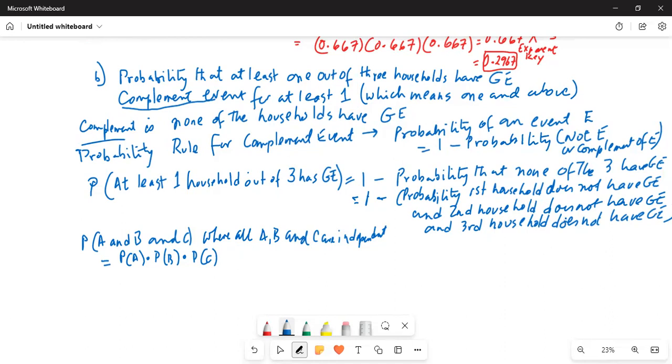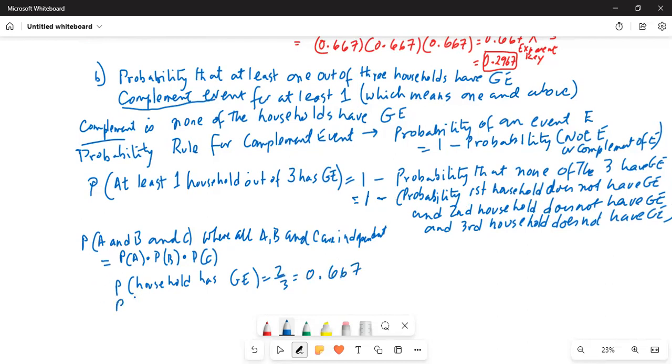Okay. So we know probability that a household has GE is 2 out of 3, or 0.667.